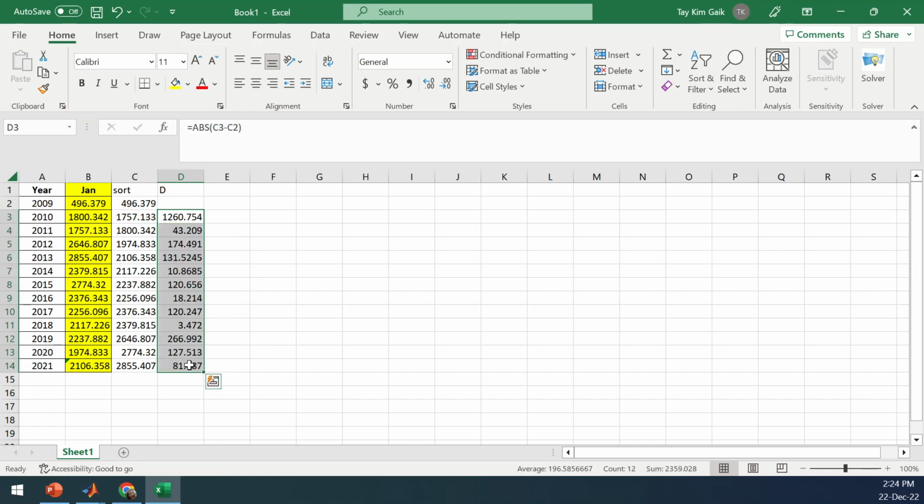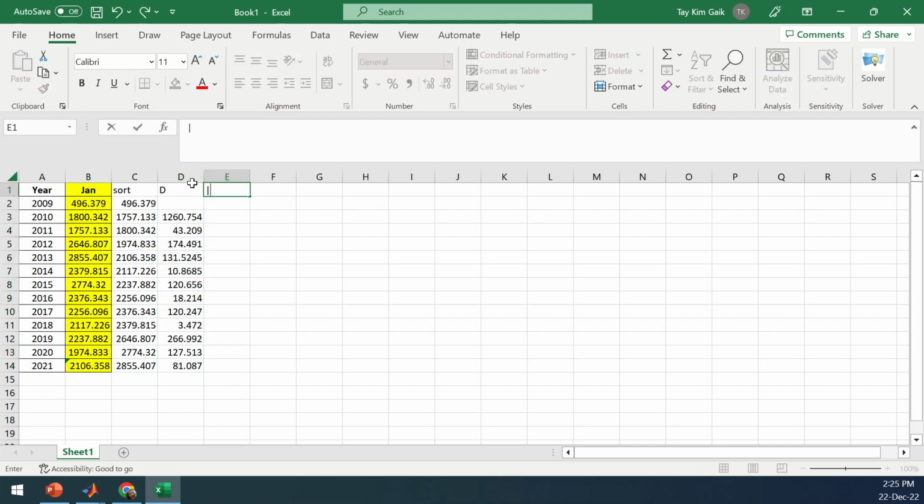Later on, we find the distance minus the average distance, squared.